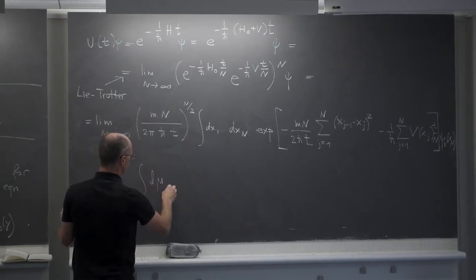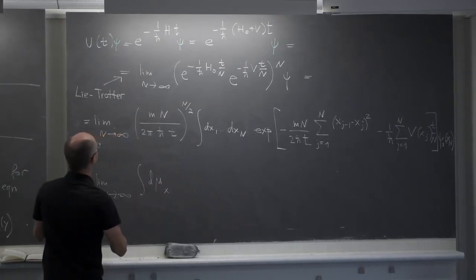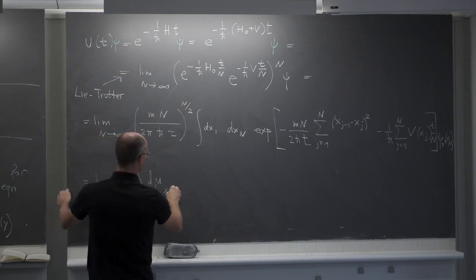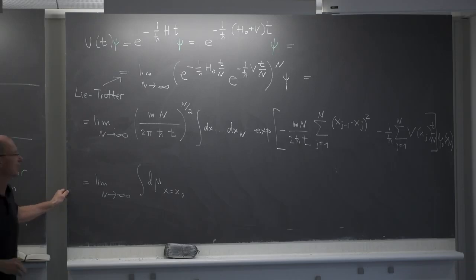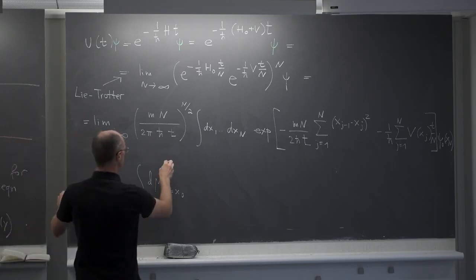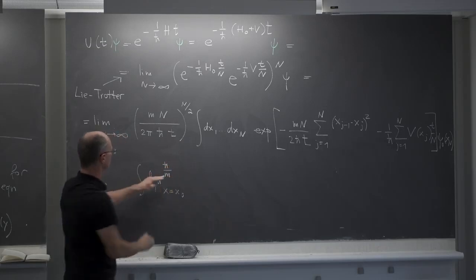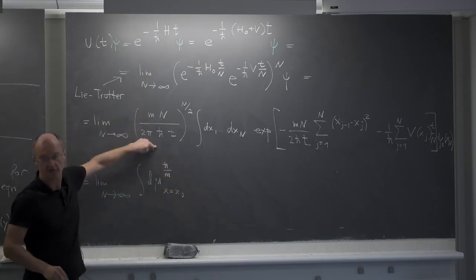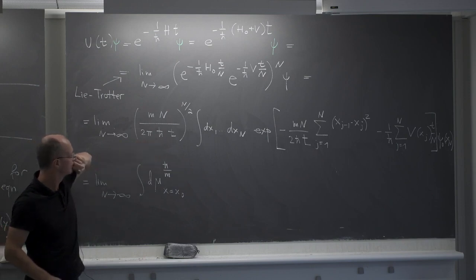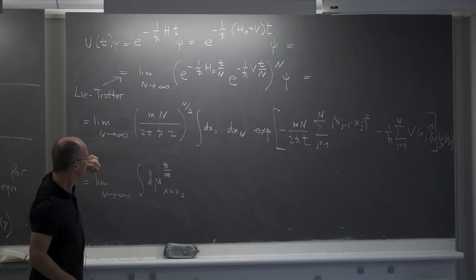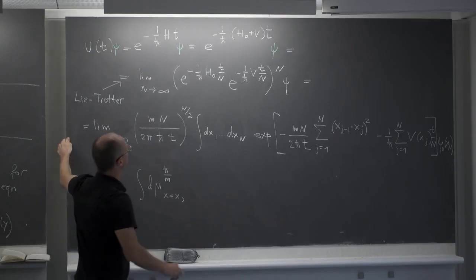So this will be d mu, x equal to x0, right? And now we should probably choose sigma. So sigma will be h bar over m. And in this integral, this is a function of what, which variable? This is a function of x.